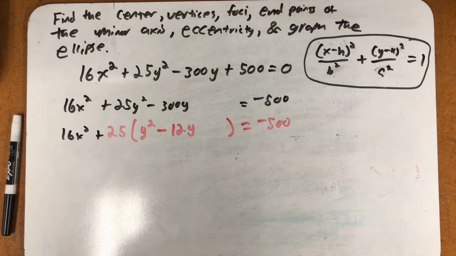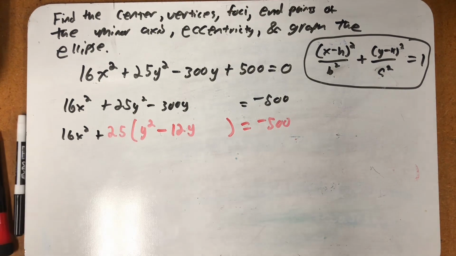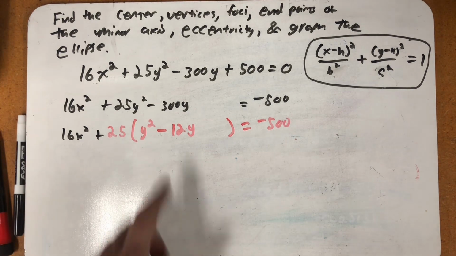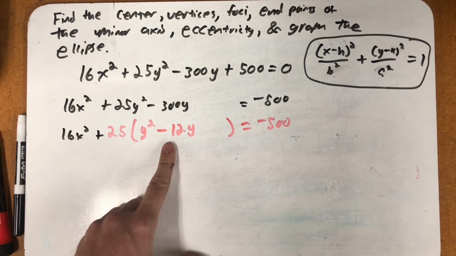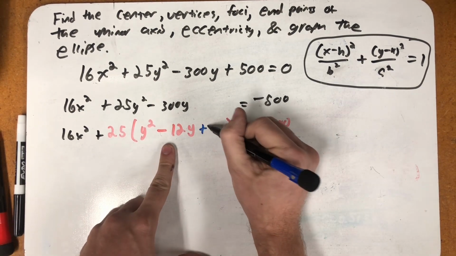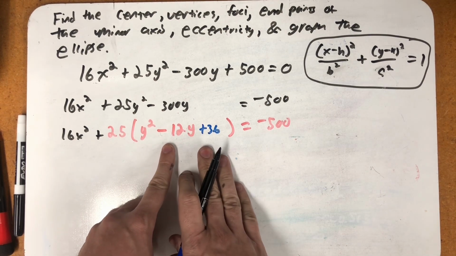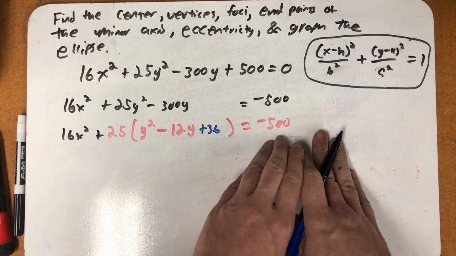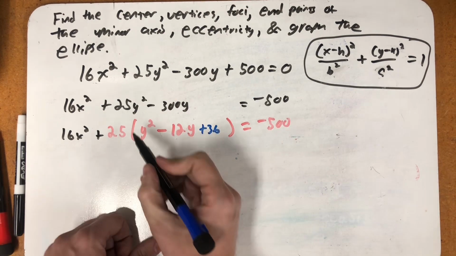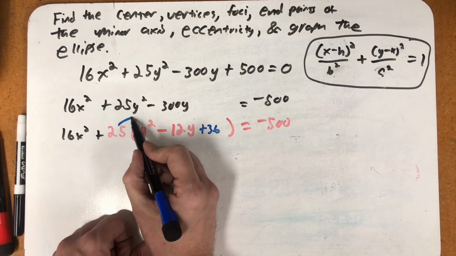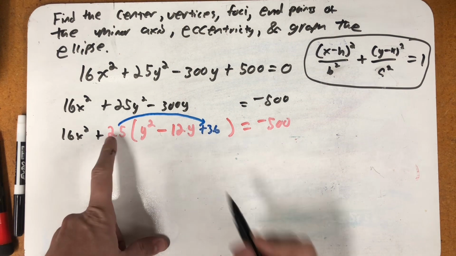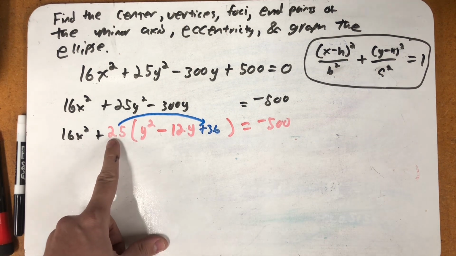All right, on the inside of this set of parentheses, now our job is to complete the square. Minus 12 divided by 2 is minus 6 squared is 36. And right now it looks like we've added 36 to this equation. So we might run over here and try to add 36, but we need to remember that everything on the inside of that set of parentheses does not happen one time, it happens 25 times.